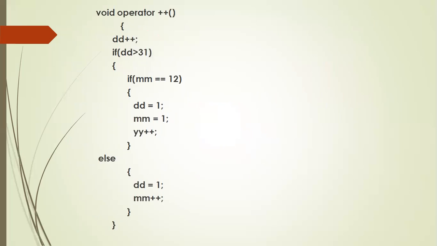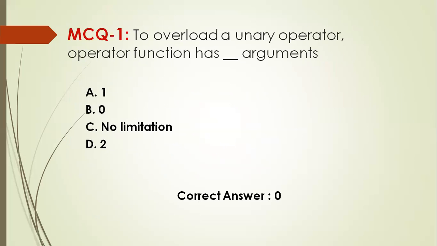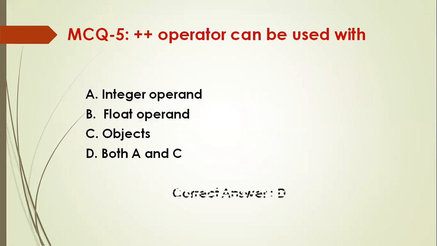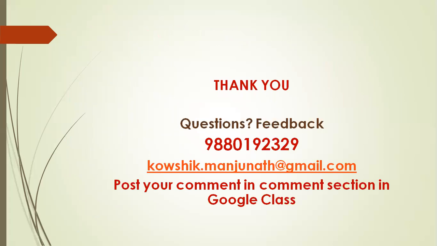Whenever you are overloading any operator, first you have to write one operator function. If in the same program we are overloading two different operators, then you have to write two operator functions.